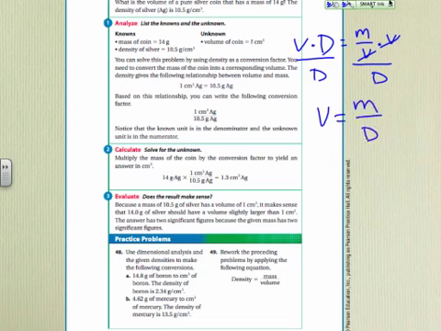So that's my final equation that I'm going to use, given the fact that I have the mass and the density. So the mass, 14 grams, the density, 10.5 grams per cubic centimeter. Multiply that out, and I end up with 1.3 cubic centimeters of silver.